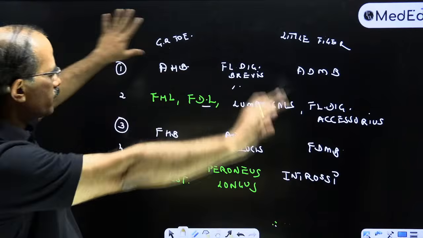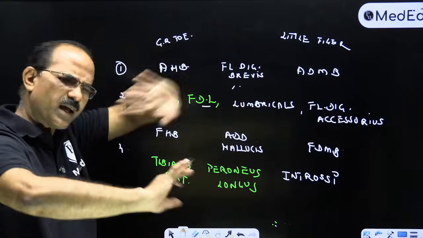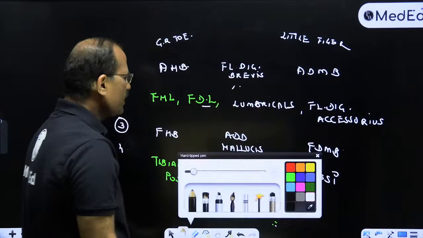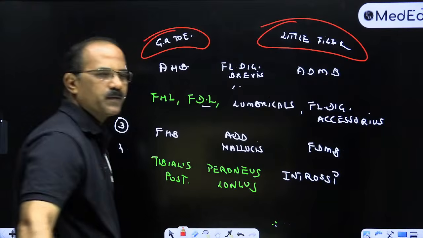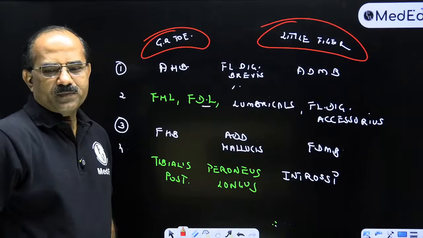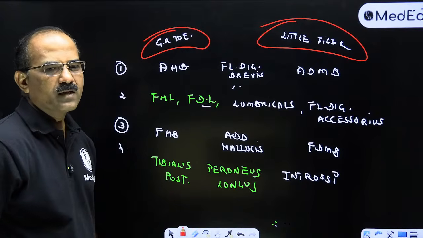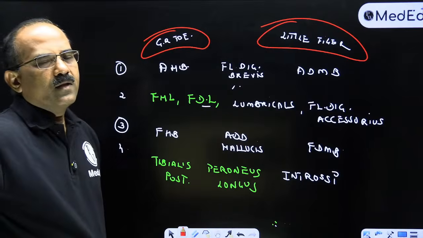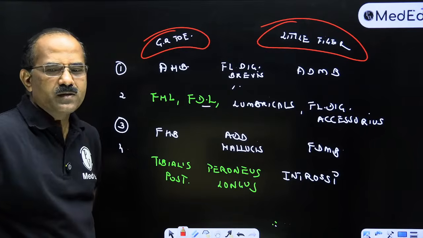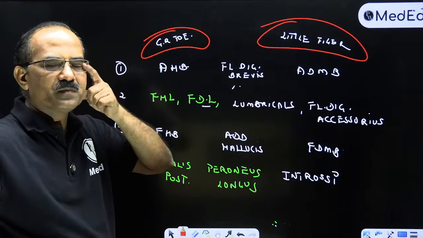That's the layers of the sole. That's it, you just have to remember this. That's very easy. That's the great toe, that's the little finger. That's how you remember. Understood? It's simple, you just have to remember this.